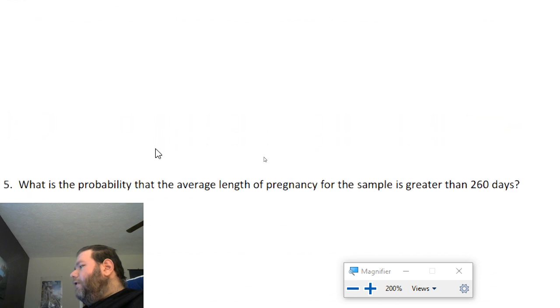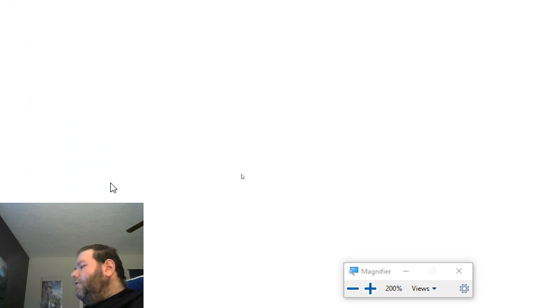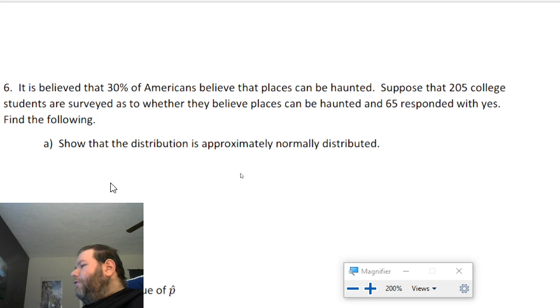This one's less than, this one's greater than. And then problem 6, this is from our lecture earlier this week on section 8.2, which was the sample proportions and things like that.